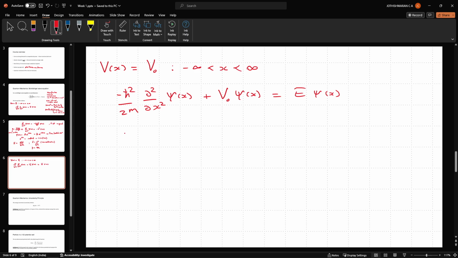Now this can be written as minus h bar squared upon 2m ∂² psi upon ∂x² is equal to E minus V0 psi of x.